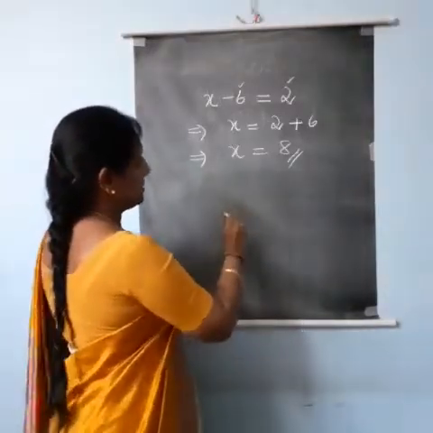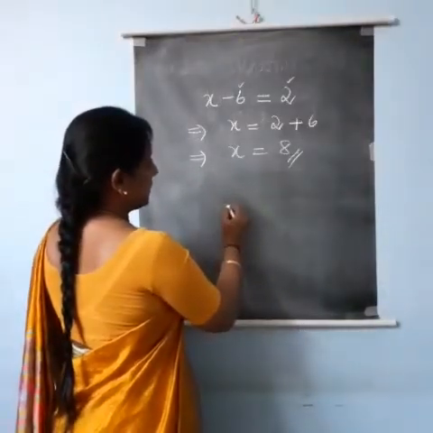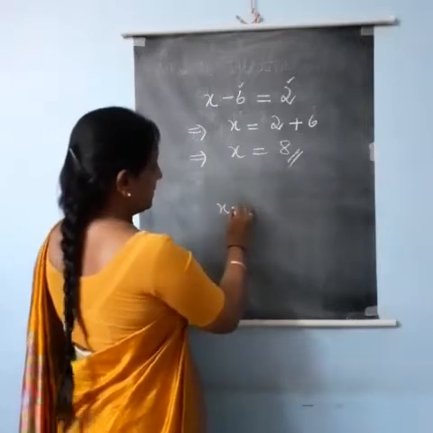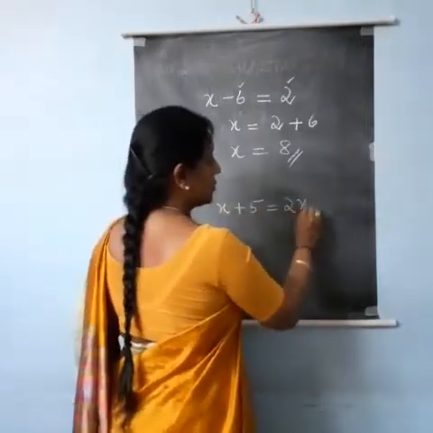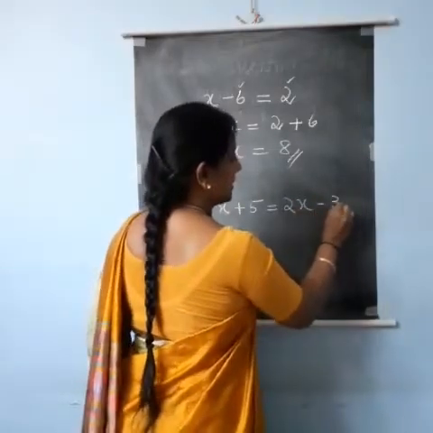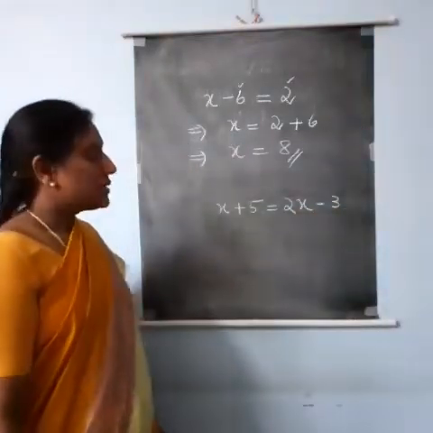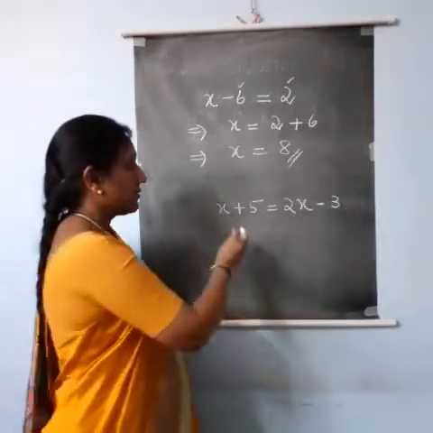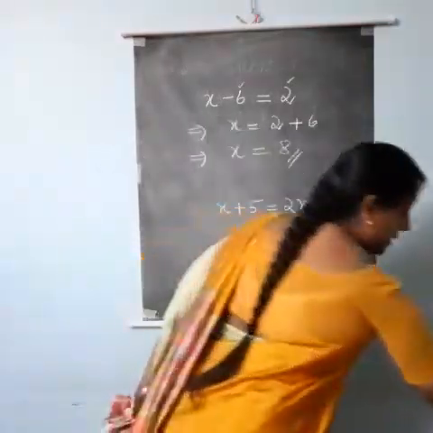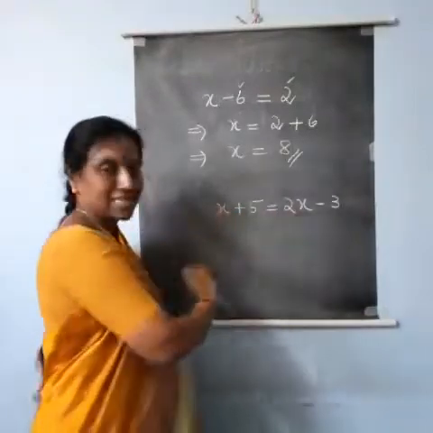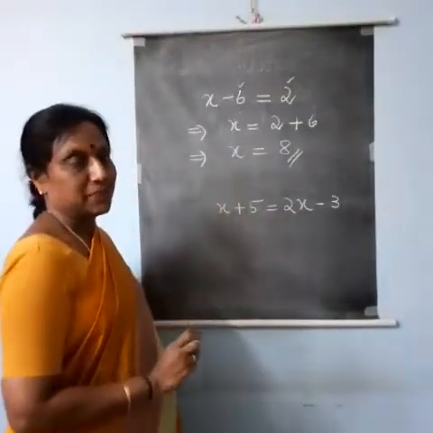Supposing we have another equation like this. x plus 5 is equal to 2x minus 3. Okay. So what has happened is we have x terms here and here. So we have to bring the x terms to one side and the numbers to the other.